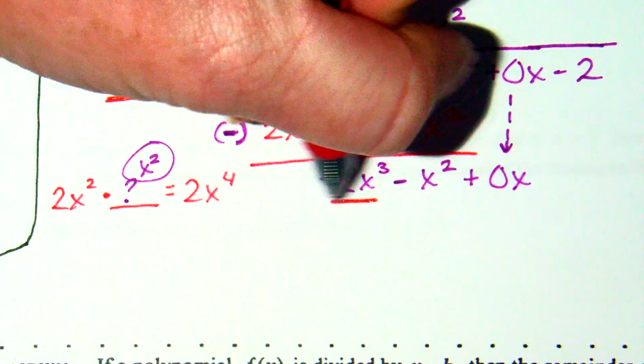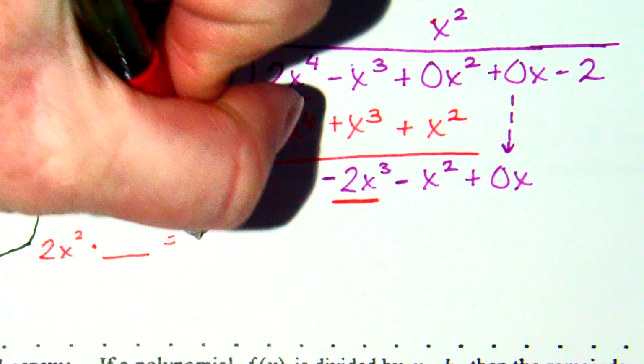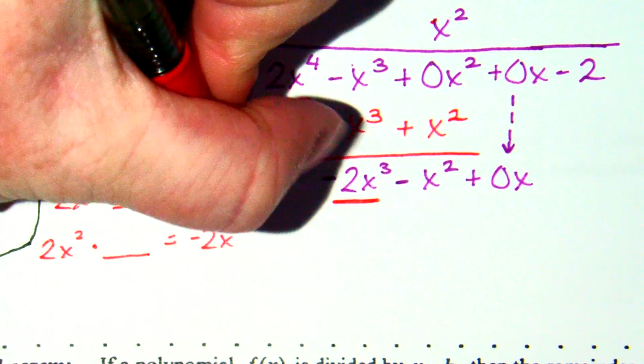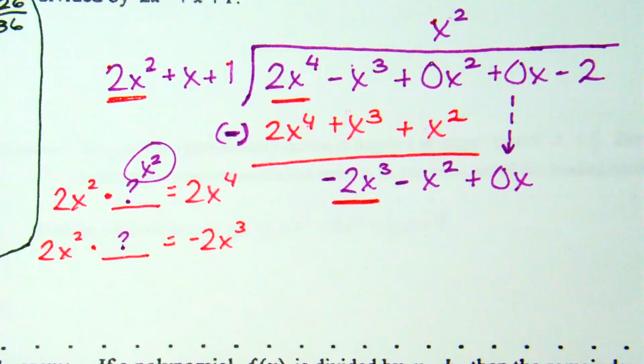This term. Negative 2x cubed. Yeah. So I'm asking myself, 2x squared times what is negative 2x cubed? Negative x? I agree.